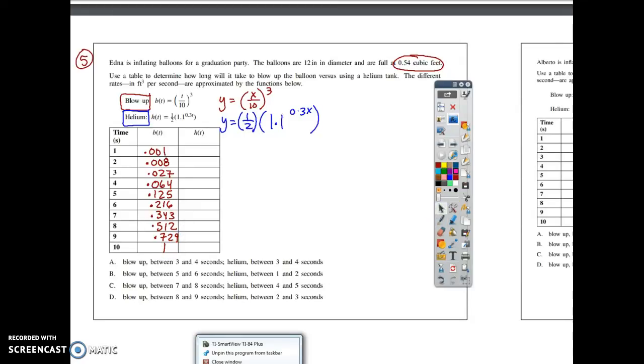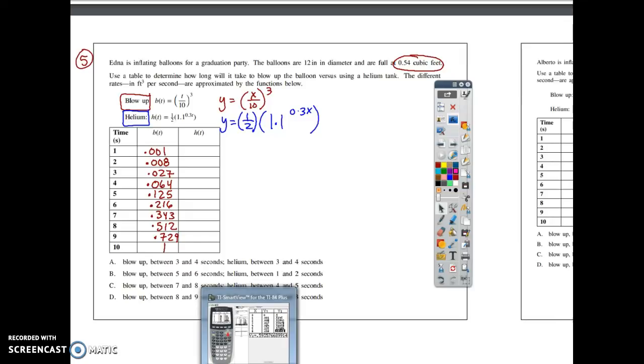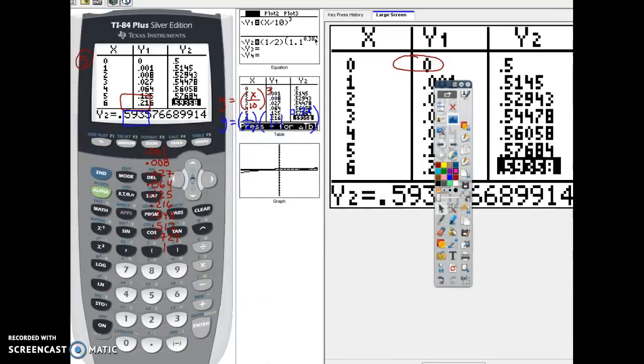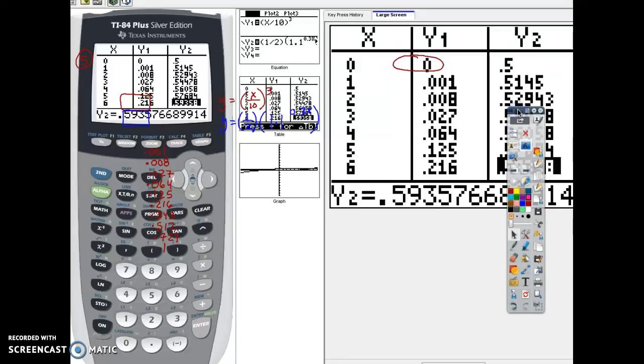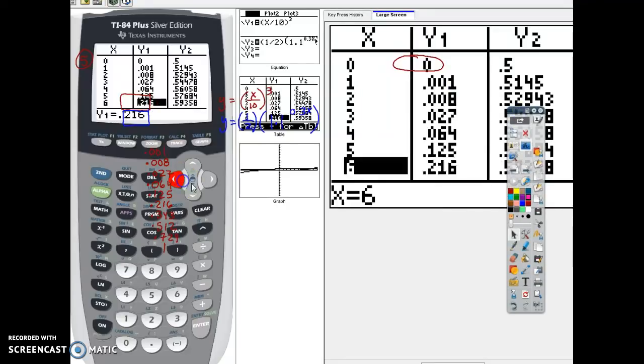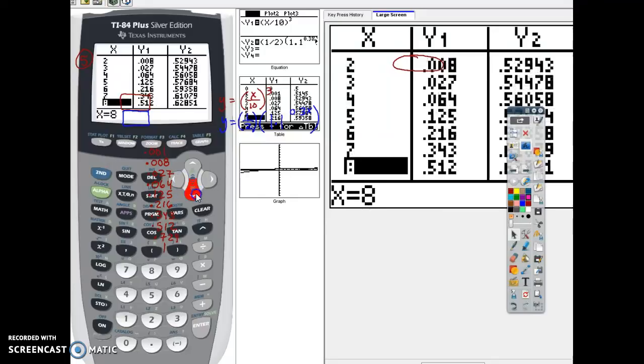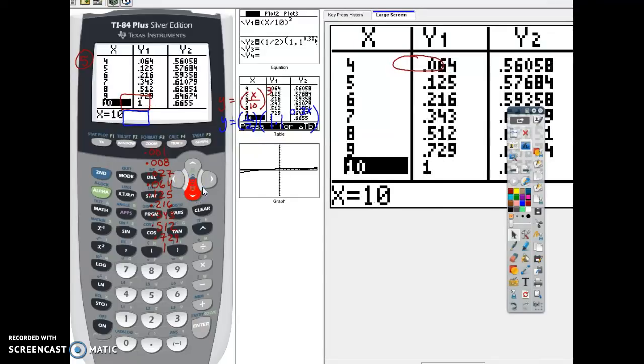Let's make sure that that's what we got. Yep, that's it.